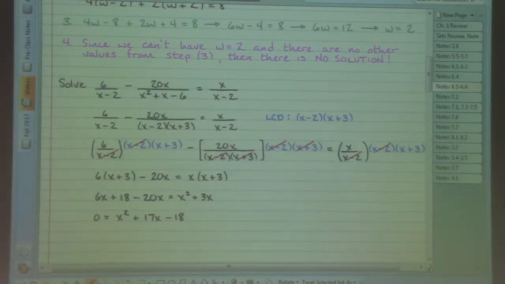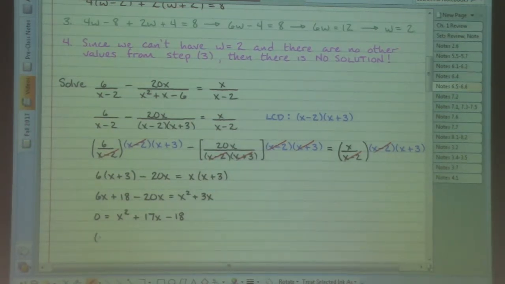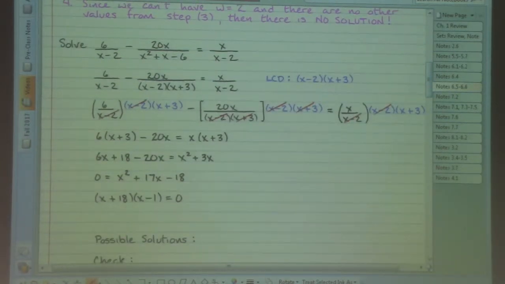And now we're in a position where we can factor. So if we factor, we would get an x plus 18 and an x minus 1 equals 0. Excuse me.